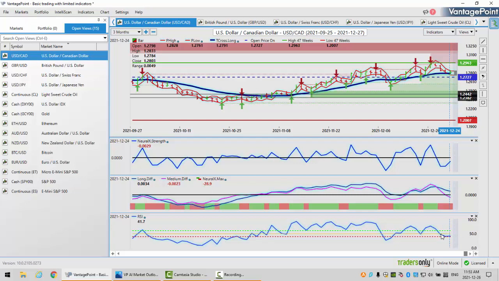So right now you can see that US Canada has dropped hard from the beginning of the week, but the predicted RSI is flatlining along this 40 level. And that's the benefit of using a 60-40 split with your VP software, because this is warning me we may have a problem here. We may not be able to break down below that.